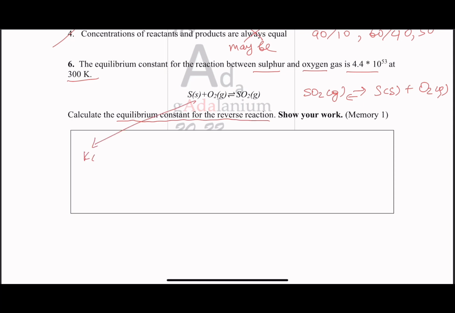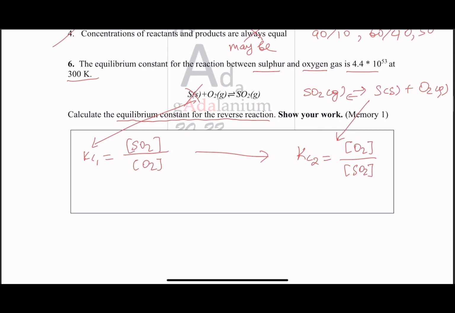The Kc1 equals SO2 in the brackets divided by O2, products over reactants. We're not going to include sulfur in solid state, okay? And then Kc2 for this one is O2 divided by SO2. We didn't include the sulfur again.